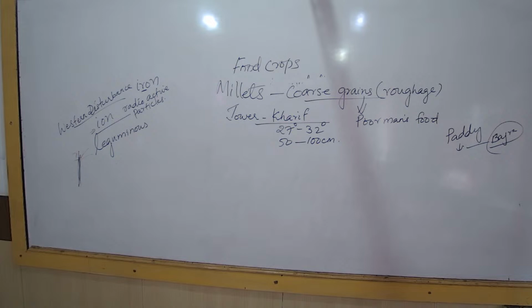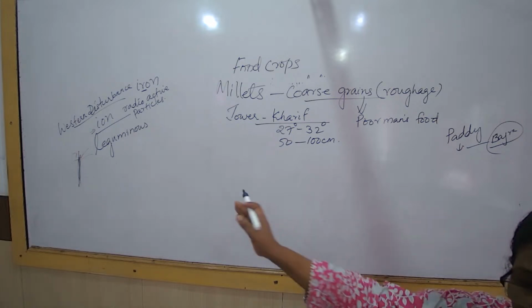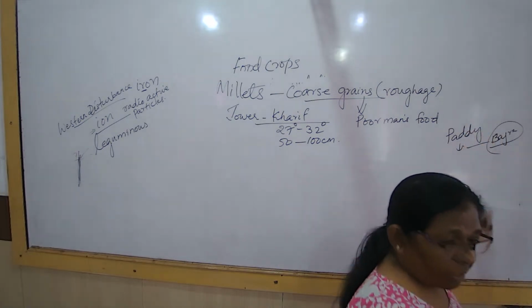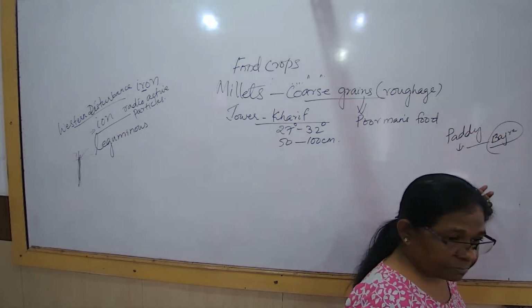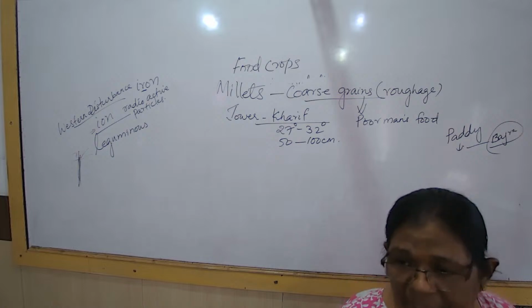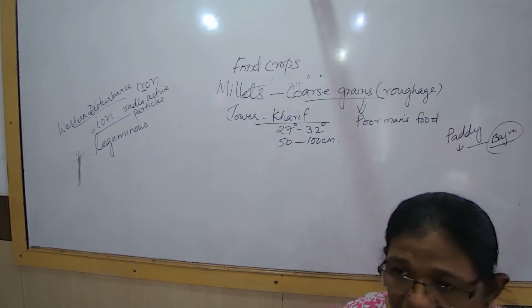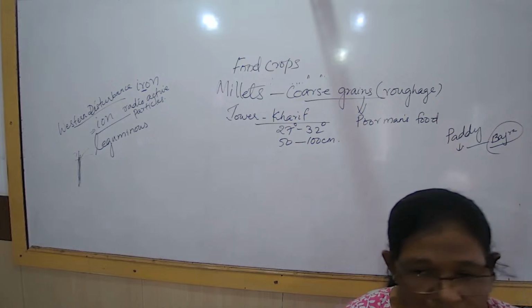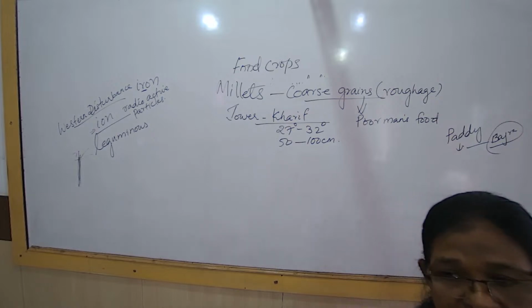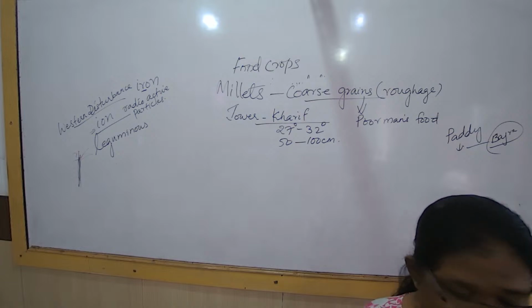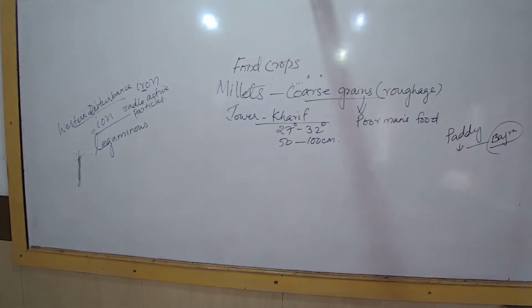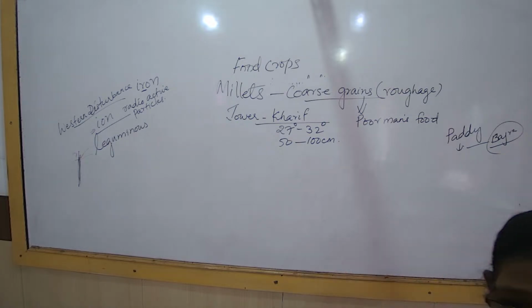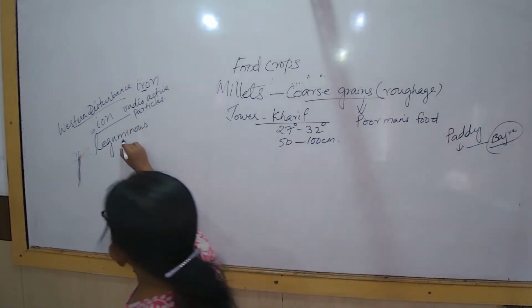Clear? So this type of plants are also grown in between, so the land is not left idle. Automatically the soil gets fertilized. Leguminous is not a soil, it is leguminous plants.